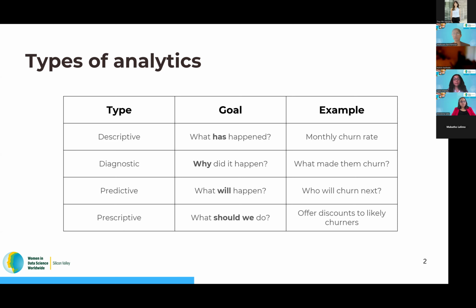And then we can go into predictive analytics, which is asking the question, what will happen? This is more future looking. You are sort of an oracle here. You are trying to predict what will happen in the future and try to answer the question, who will churn next?